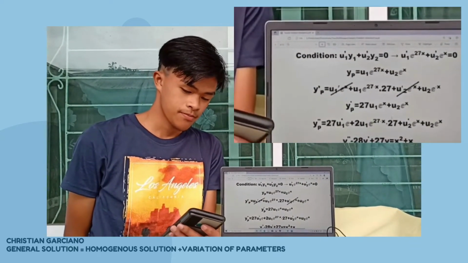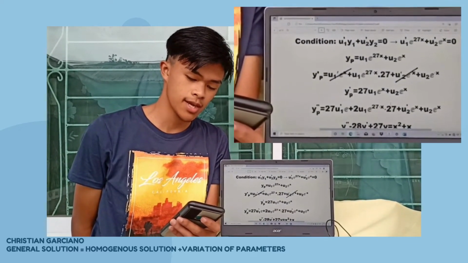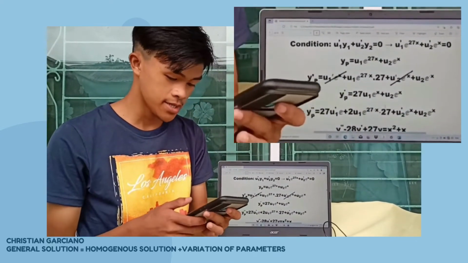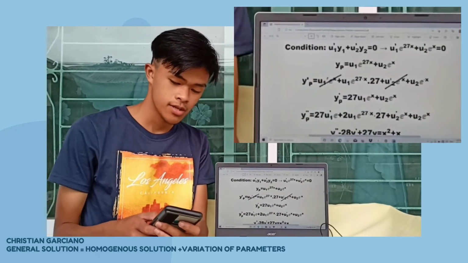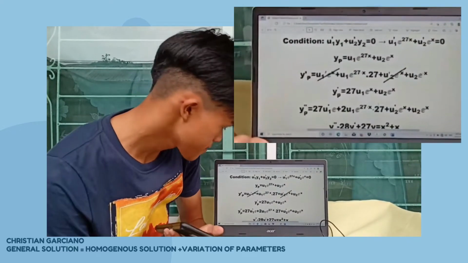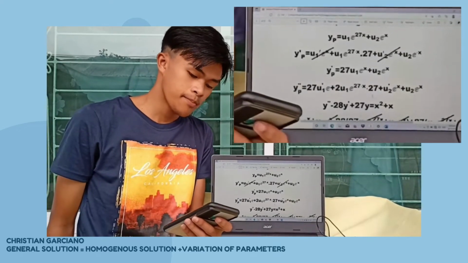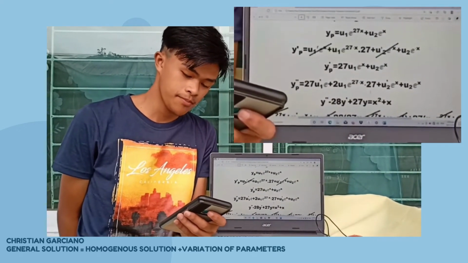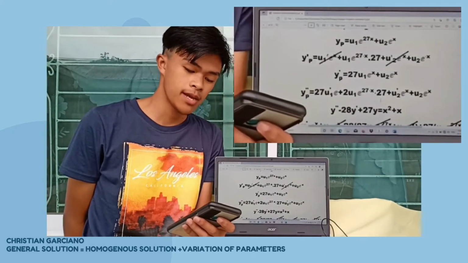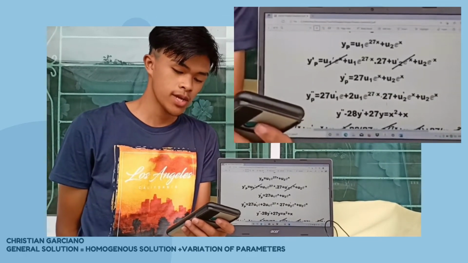So yp equals u1 e^27x plus u2 e^x. We should differentiate this using the product rule. So the value of this is y prime p equals u1 prime e^27x plus u1 e^27x times 27 plus u2 prime e^x plus u2 e^x.